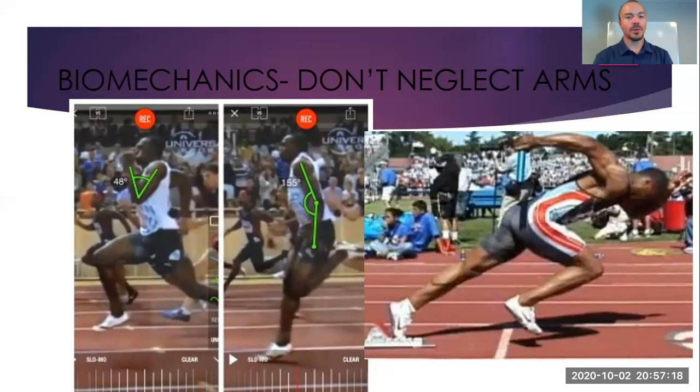And we mentioned arms earlier, but I want to bring this into thought just a little bit more. Many coaches are taught, and teach athletes, to run with a 90-degree arm, kind of pivoting like a robot.